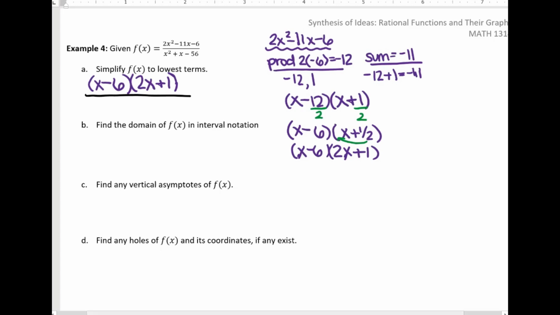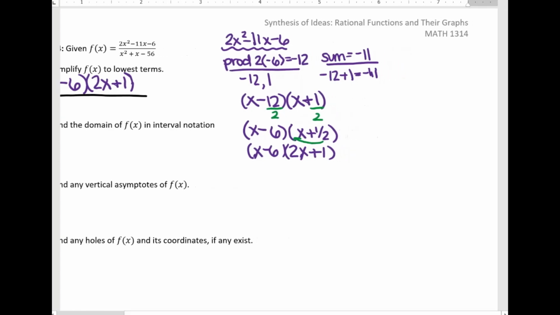Our denominator in this case was x squared minus x minus 56. Oh, plus x minus 56. And here we're looking for a product of 1 times negative 56, which is negative 56. And we're looking for a sum of 1.